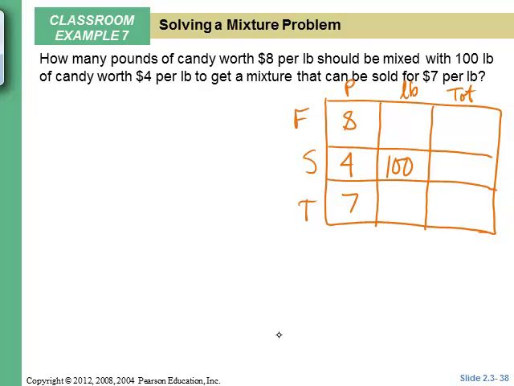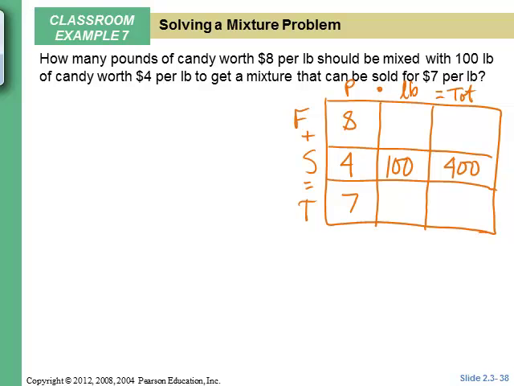We don't know what the pounds is. In this case, we know the total is 400 because you just multiply this times that to get the total. The first plus the second equals the total.